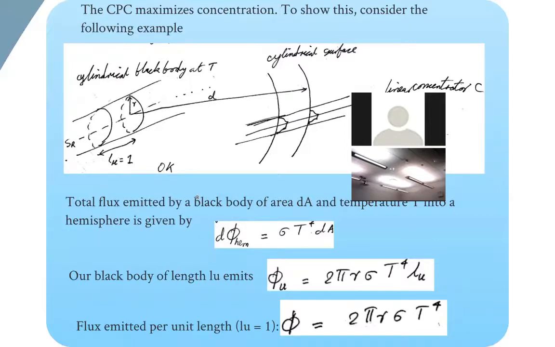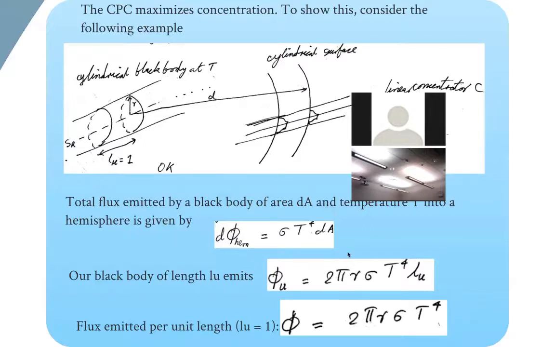Now, we will look at a length Lu of our black body. We take this dA and write it as the surface area of the cylinder of length Lu, which is 2 pi r times Lu. R is this radius of the cylinder right here.